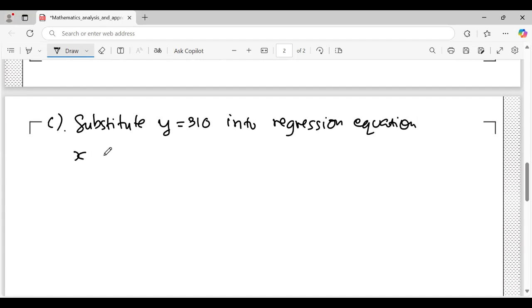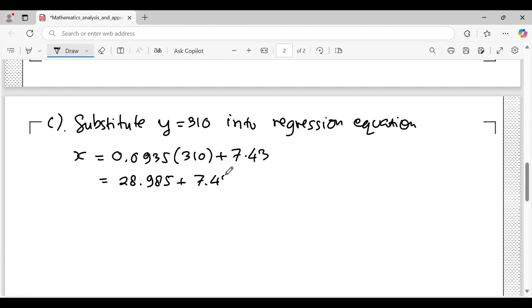So it becomes x equals 0.0935 times 310 plus 7.43, equals 28.985 plus 7.43, which equals 36.415, or rounded off becomes 36. So this is the result.